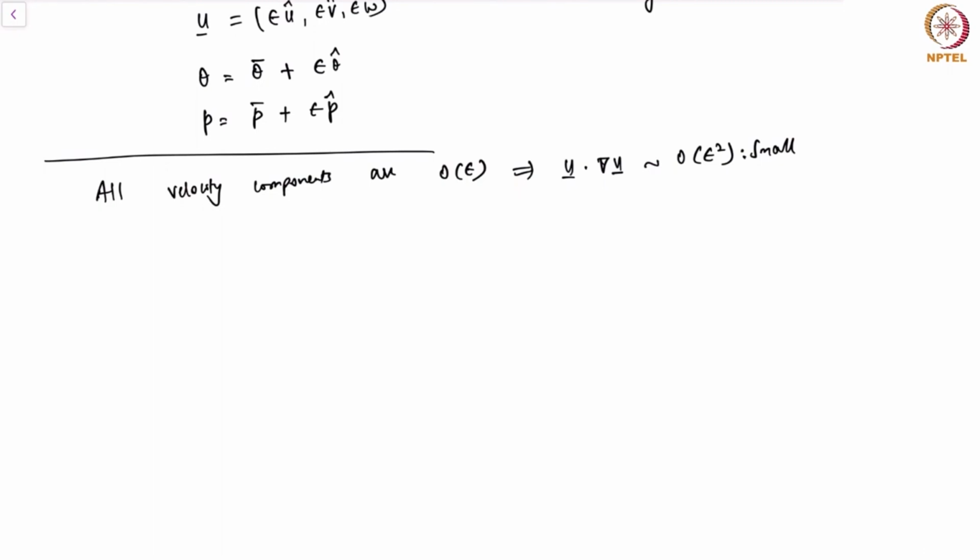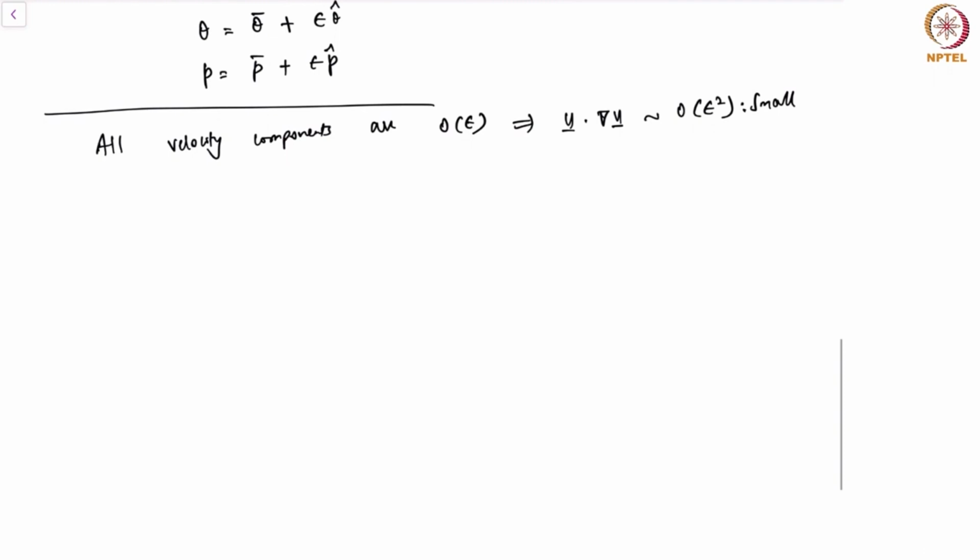So let's write down the linearized equations, meaning only order epsilon terms are considered.